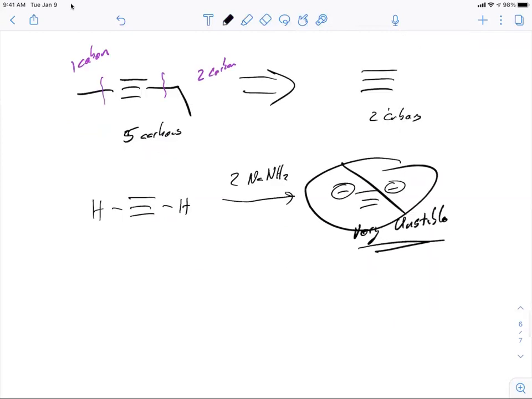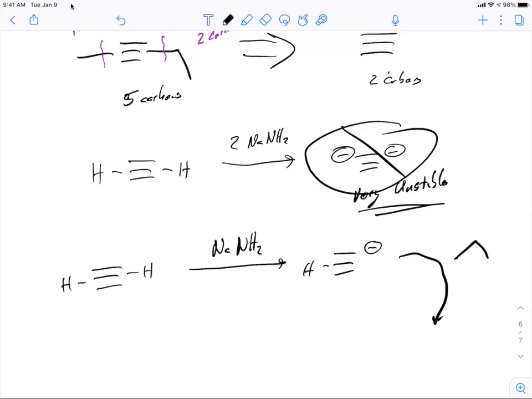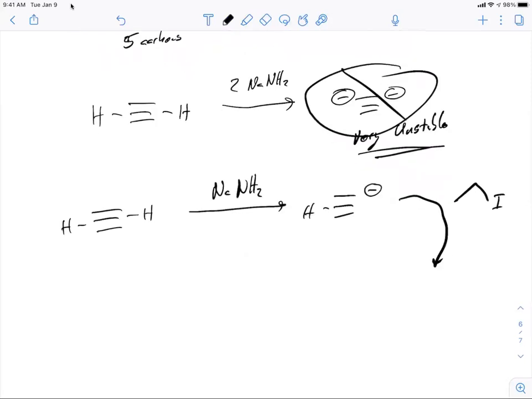So whenever we're adding to both sides, what we have to do is start with one side and add our base, and I'll go ahead and draw it out in H2. So this forms our anion. And then we add one of our electrophiles. So we can add the iodide or bromide or chloride.